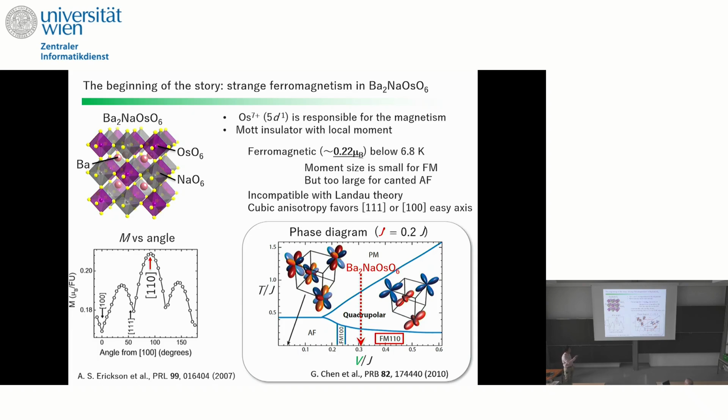A simple theory predicts that cubic anisotropy favors the 111 or 100 direction, so this observation is incompatible with the simple expectation. Then Professor Gang Chen made a theory including the electric quadrupole interaction between the transition metal sites, and he proposed that there is a quadrupole order above the magnetic transition.